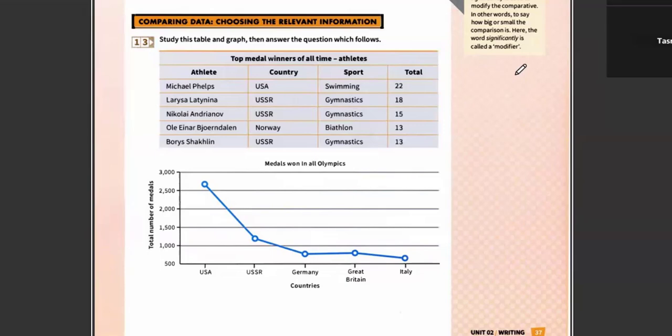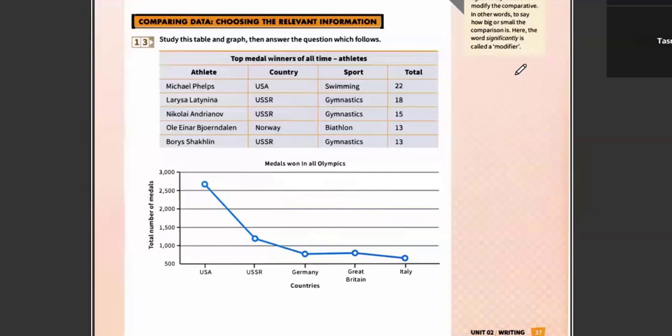Okay, let's not say that word. I'm not sure how this is pronounced. Last is Boris Shakhlin. So they represent three different countries. Three are already from USSR, and they represent three different sports, and the total number of medals are also given.